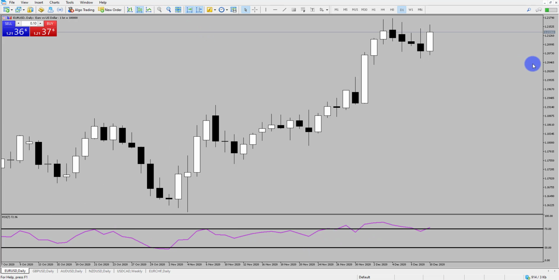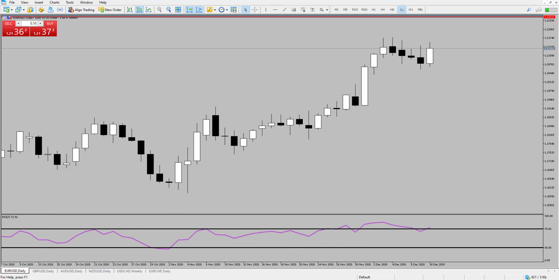Now going into the daily time frame, we can see the market always kind of gives you evidence that the trend isn't going to continue. If we look at these candlesticks in particular, they're low in range, and what I mean by that is they're closing back within each other's highs and lows. Typically when that happens, the market is set to continue that trend.